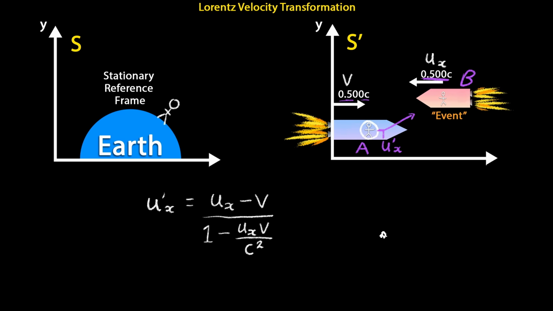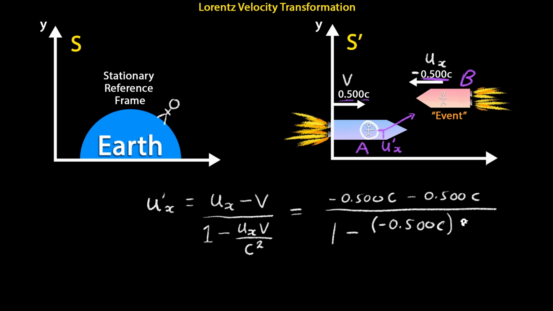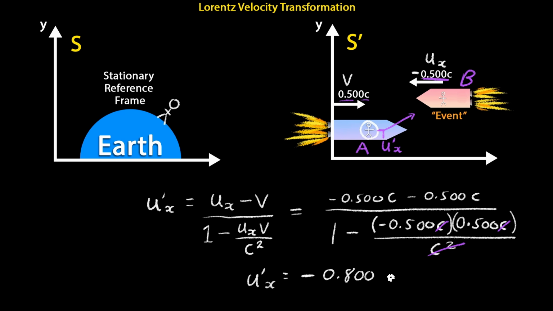So now we can plug in the values to see how fast you think spacecraft B is moving past you according to your frame of reference. So plugging in the values to the Lorentz velocity transformation equation, the c squared variable cancels out in the denominator at the bottom here, and when we sum all of this up together, we get a negative 0.800 times the speed of light.